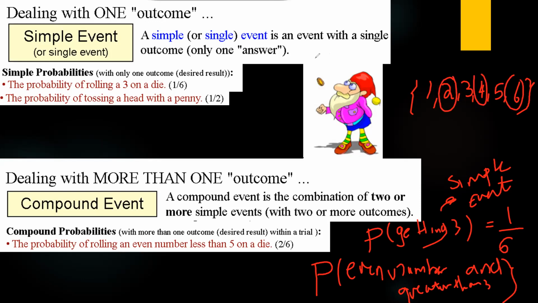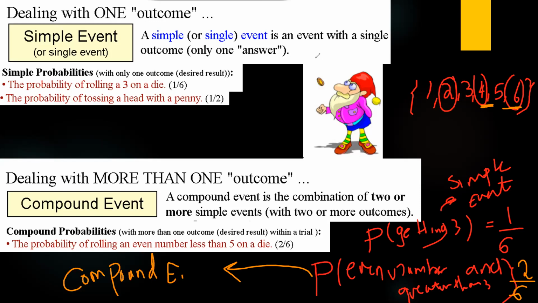But I want them greater than 3, so 4 and 6. So how many outcomes do we have here? 2 outcomes, 2/6. Since we have 2 outcomes, we call this event a compound event. And today we are going to deal with compound events, where we have more than one outcome.